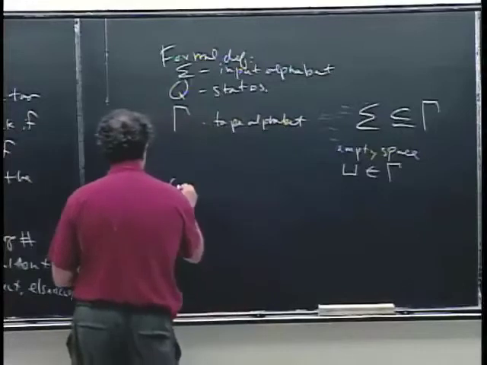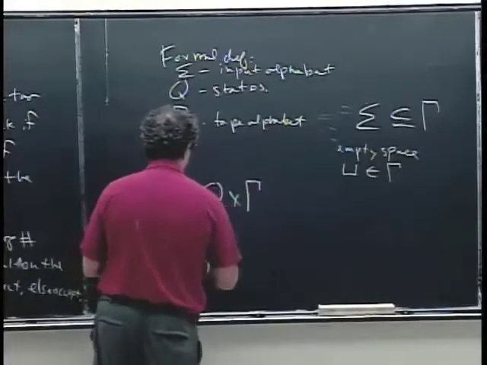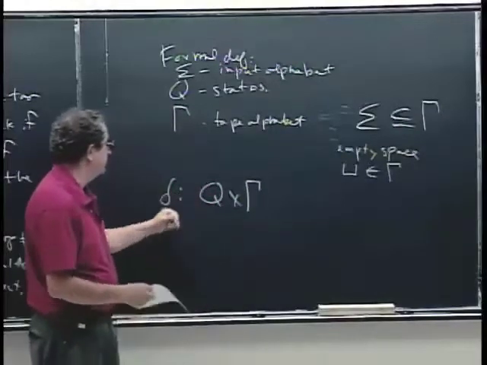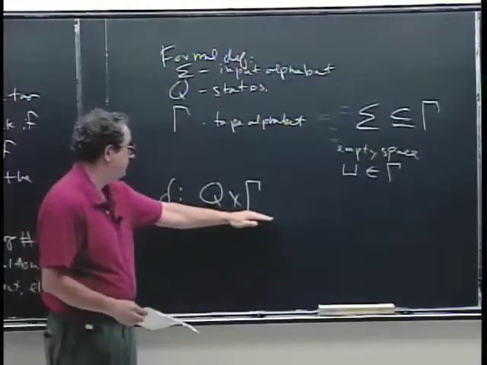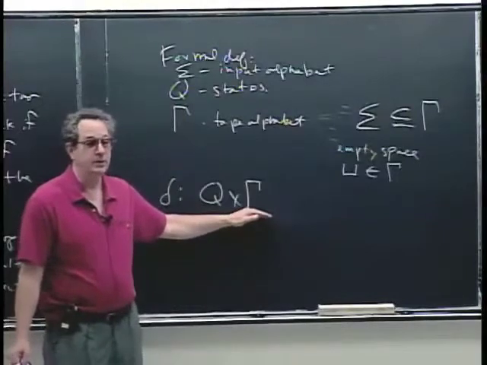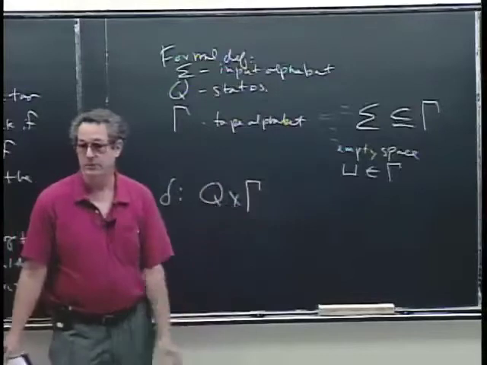Then the transitions. Again, delta, the transition, is going to be a function of the states and what you're seeing on the tape. What you're seeing on the tape might be from the input, but it also might be from what you've written onto the tape.